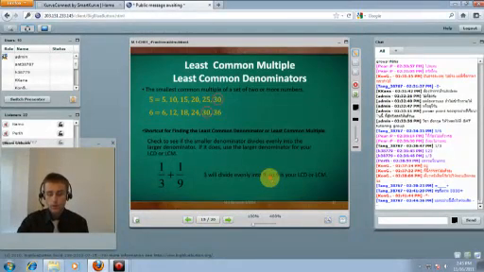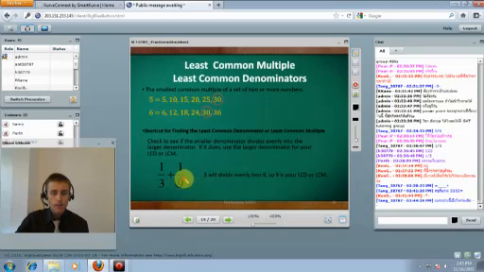Okay, we're going to do this example. If we know that 9 is the least common denominator, then we know that the equation is going to be 1 over 3 plus 1 over 9, but the denominators are going to be a 9. So 3 times what equals 9? Type me an answer.